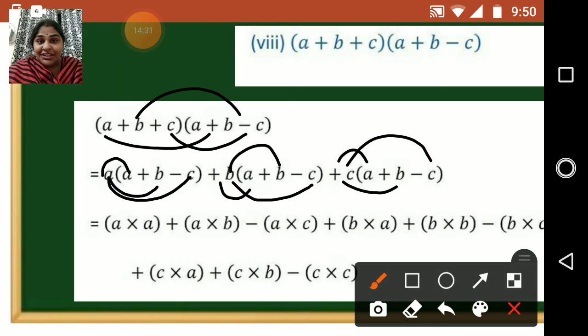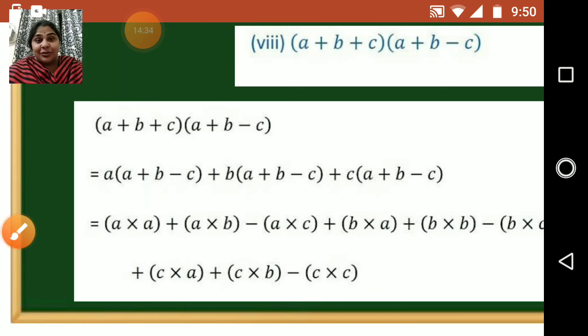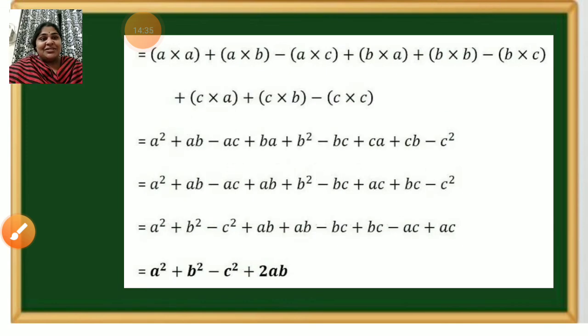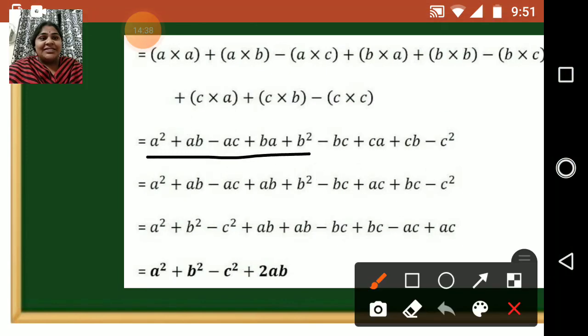C multiplied by negative c is negative c square. So here it is, you can see after performing the multiplication.